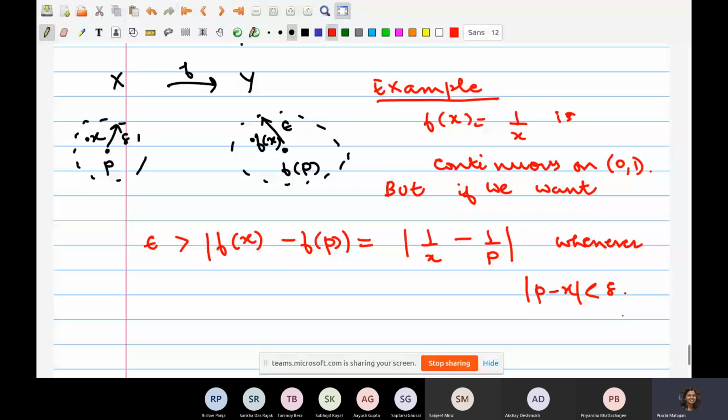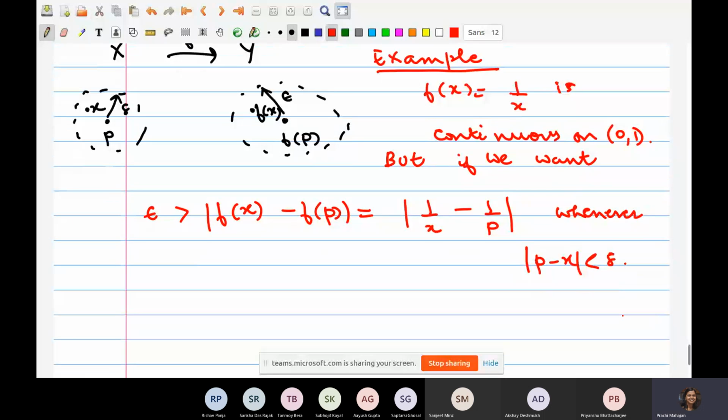The delta cannot be chosen independent of the point p, because x can be taken arbitrarily close to 0, and so 1 by x could be arbitrarily large, and that's what the problem is.